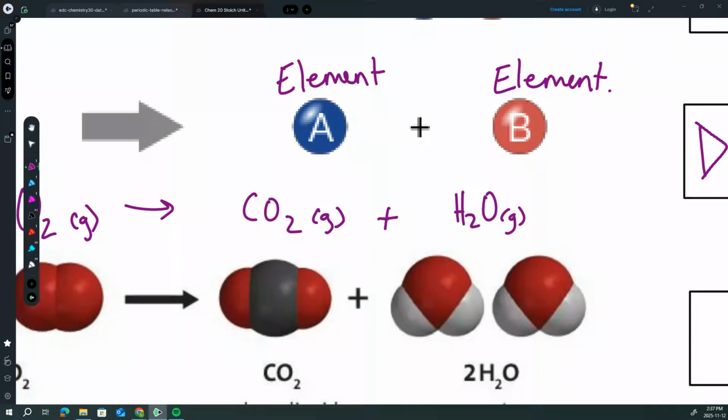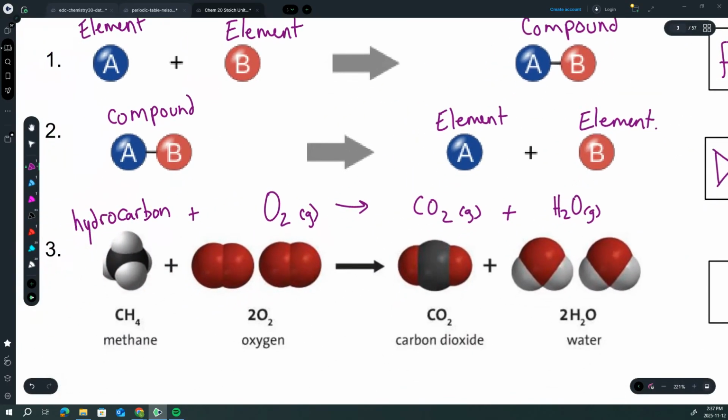But in the case of something like photosynthesis, which is a type of combustion reaction, photosynthesis will have water as a liquid instead of water vapor, and the reason for that difference is just because in photosynthesis, the reaction conditions don't get hot enough for water to turn into a vapor. Okay?